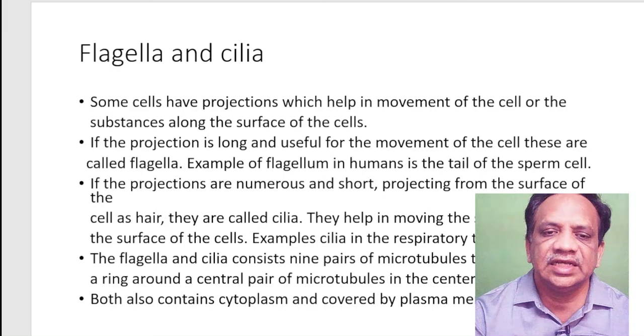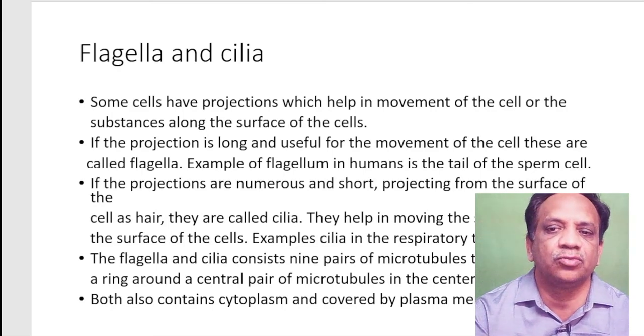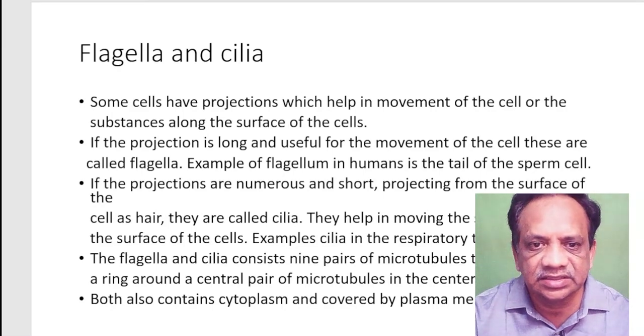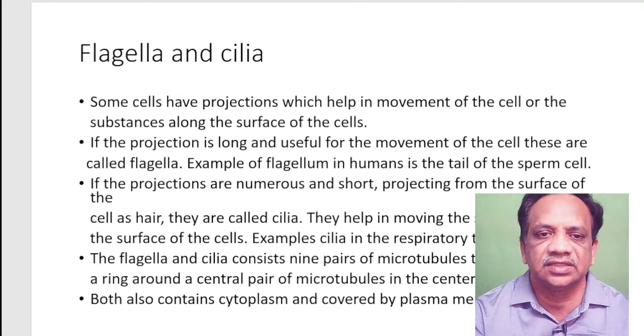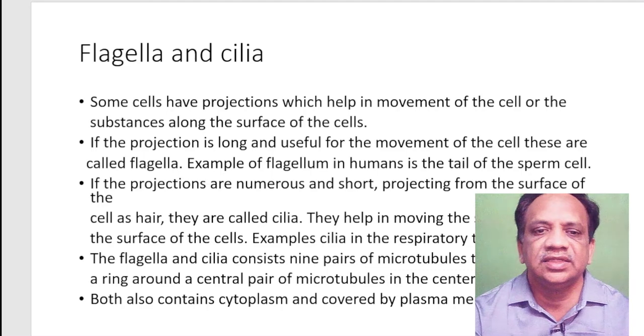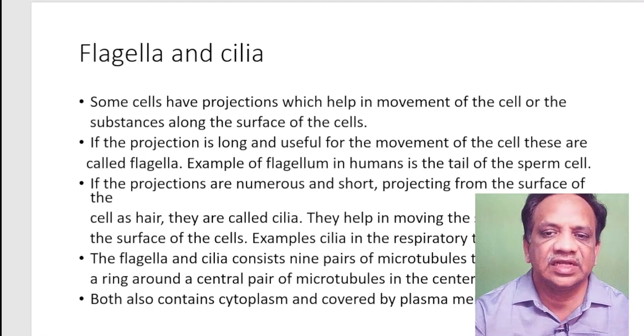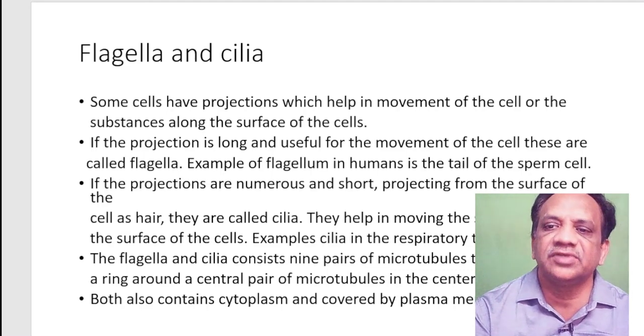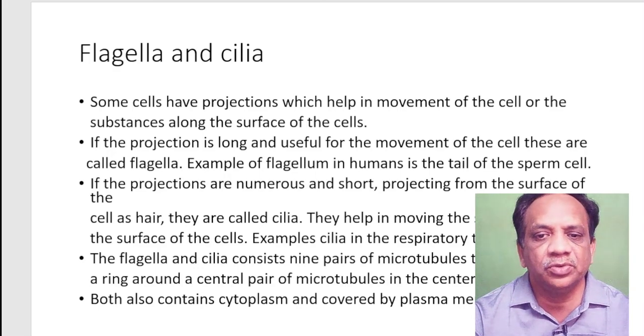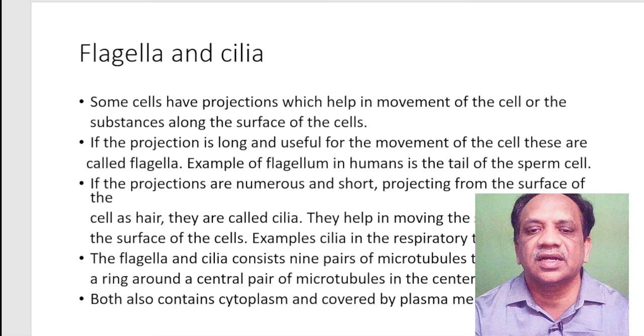Flagella and cilia: some cells have projections which help in movement of the cell or of substances along the surface of the cells. If the projection is long and useful for the movement of the cell, it is called a flagellum. For example, the flagellum in humans is the tail of the sperm cell. If the projections are numerous and short, projecting from the surface of the cell like hair, they are called cilia.